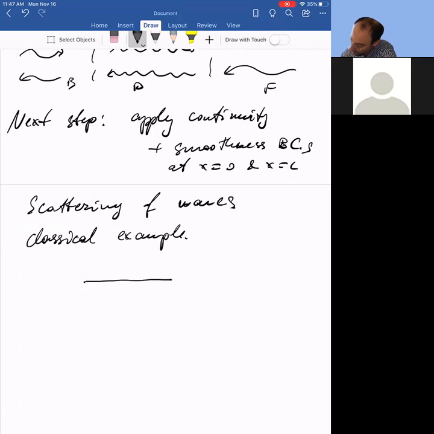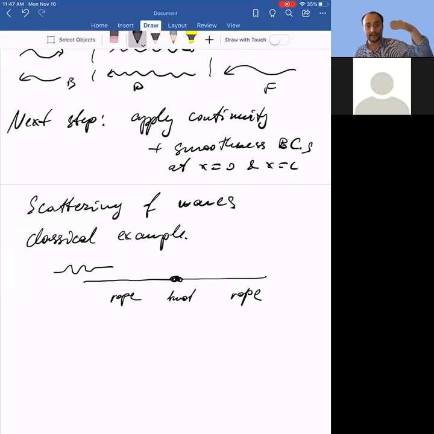You have a rope, and then you tie a knot in the rope. So this is a rope, this is a knot, and this is a rope. I send a wave down the rope. I can send a wave train, for example, or I can even send a continuous wave. What happens when it gets to the knot?